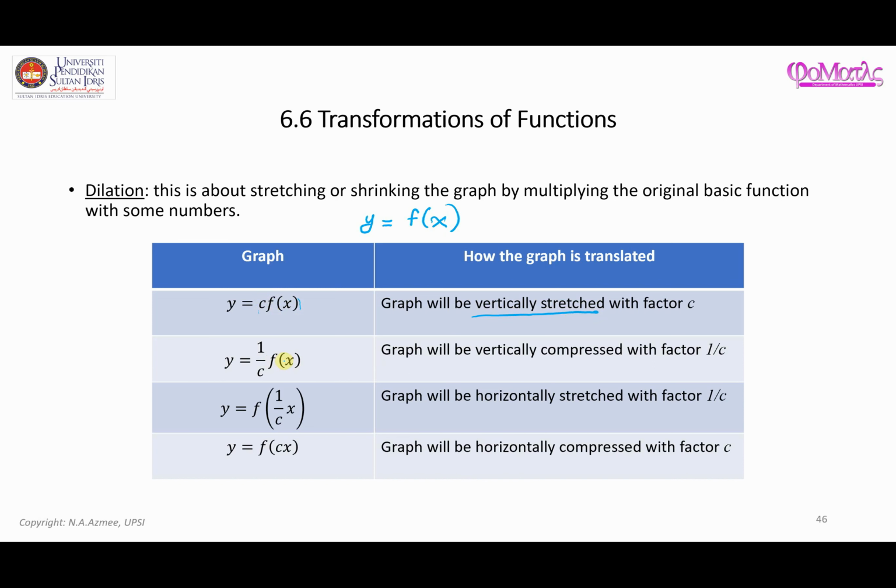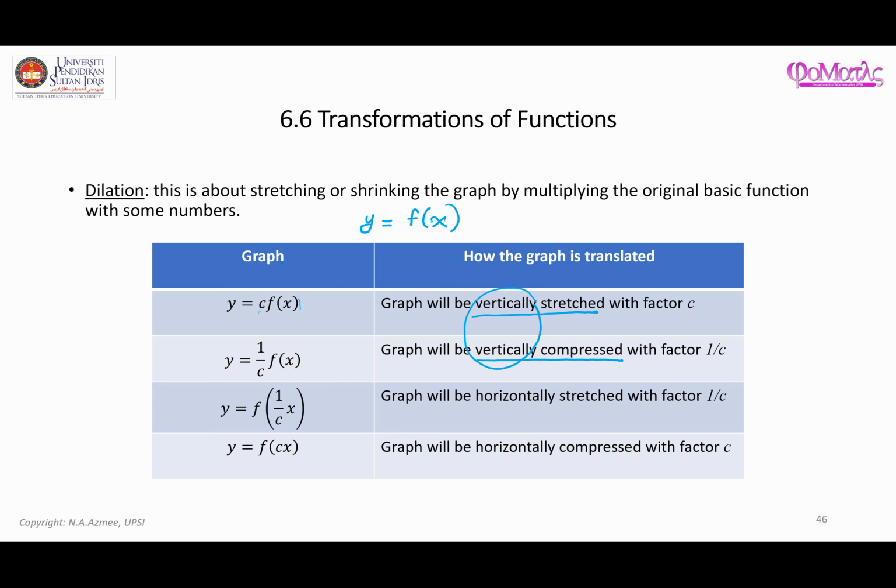If I multiply with a factor of 1 over c, the graph will be vertically compressed. So when the factor is outside the function, you are talking about either stretching or compressing vertically.